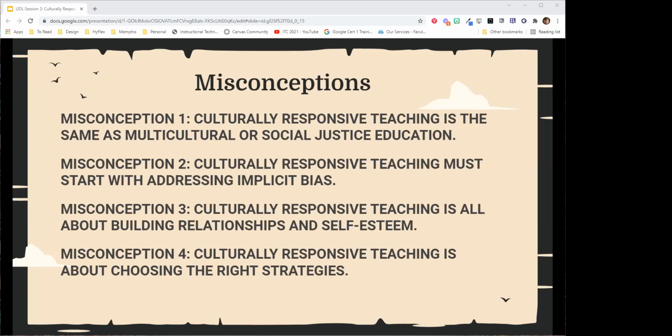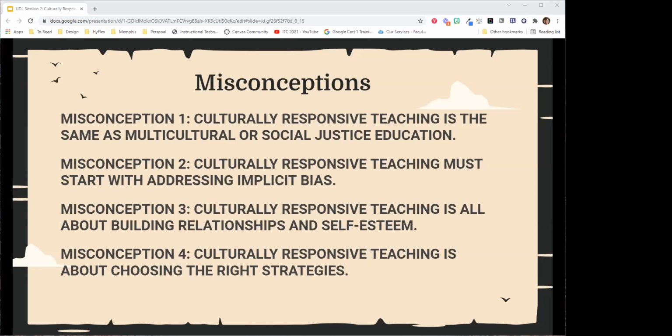Whereas social justice education is about building a lens for the students, really being able to look at the world and seeing where things aren't fair or where injustice exists. So culturally responsive teaching is not the same as those two concepts. Rather, culturally responsive teaching is where we are helping our students understand through their cultural lenses the content that we're presenting. So it's not necessarily the types of things that happen in multicultural or social justice education.